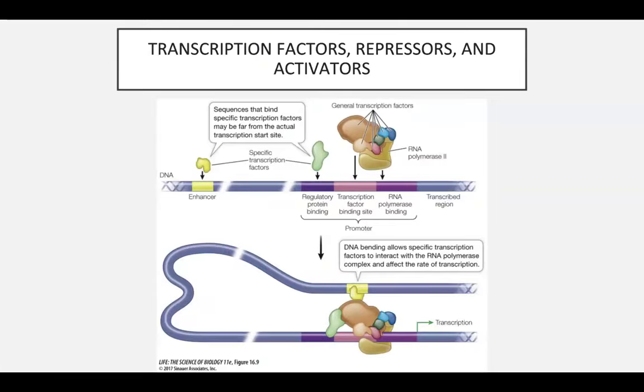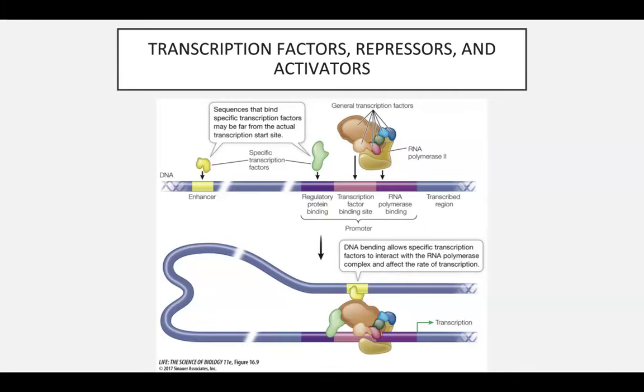As I mentioned before about DNA folding in on itself, you have sequences that can bind specific transcription factors, but they could be far from the actual transcription start site. Like you see here, this is the promoter region, this is an enhancer, but the sequences are very far from each other.